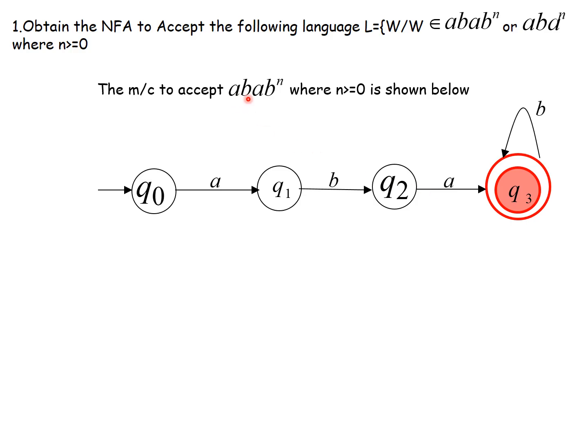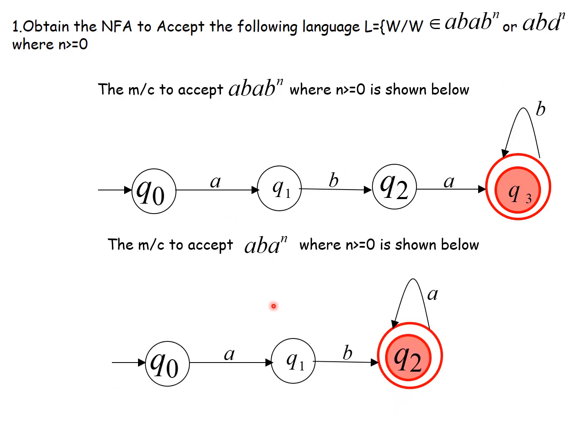Suppose A, B, A, that is also accepted. The last B can appear 0 to n times, so it can end with any number of Bs. In the other string, the machine also accepts either the first string or the second string. It is also very easy, right?